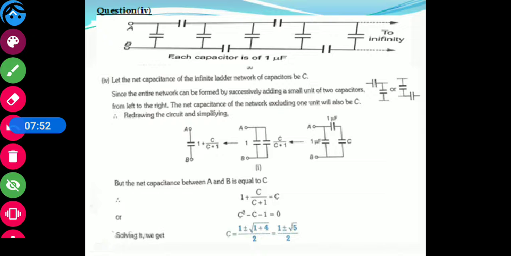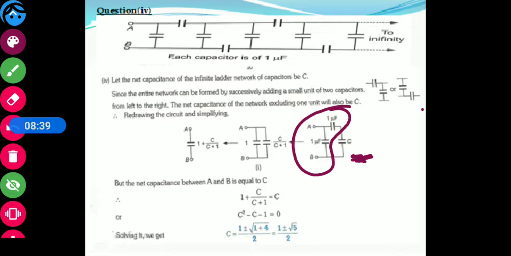So we can redraw the entire network for simplification between A and B: one unit is connected to C, the resultant capacitance of the entire network.